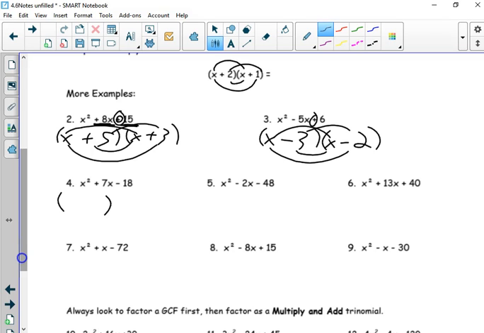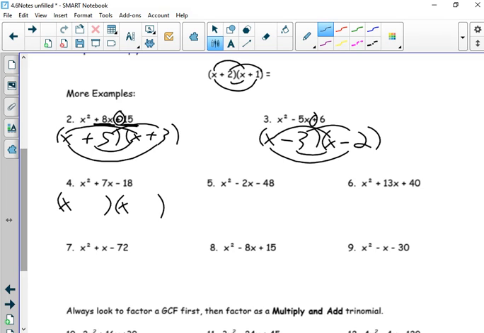All right. X squared plus 7x minus 18. Now remember, what that means is this time, one of the numbers is going to be positive, and one of the numbers is going to be negative. So technically, back to the beginning notes, if they add up, because you're adding a positive and a negative number, but some people like to think of it as subtract. So that's why I talk about both ways.